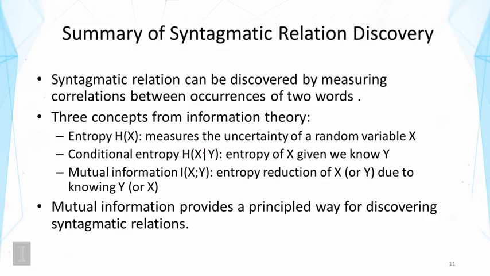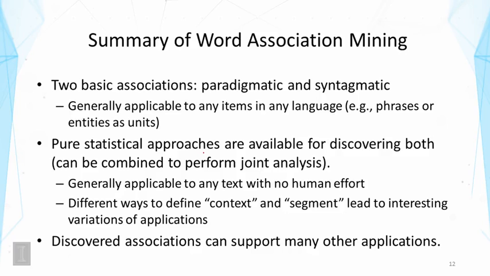And so to summarize this whole part about word association mining, we introduced two basic associations called paradigmatic and syntagmatic relations. These are fairly general. They can be applied to any items in any language. So the units don't have to be words. They can be phrases or entities.